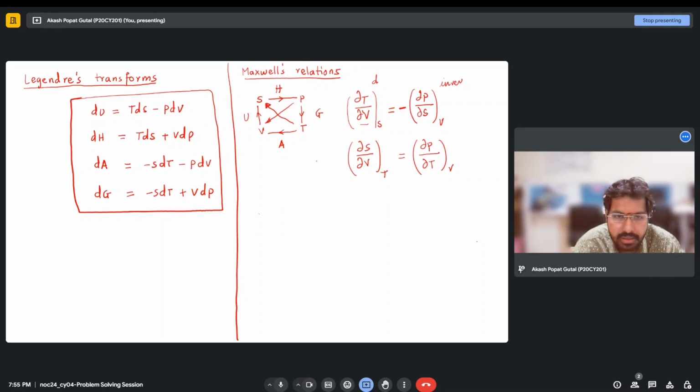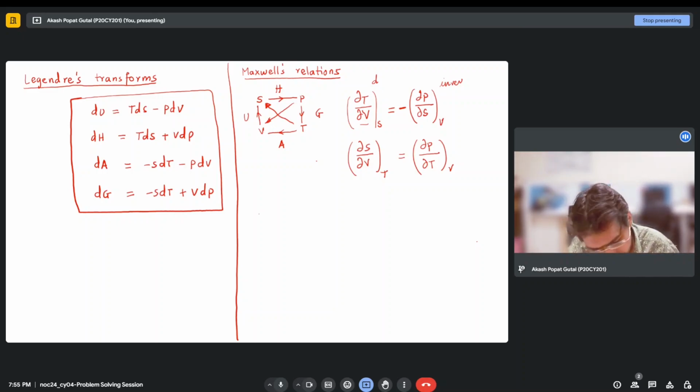S and V, entropy and volume. When you increase the volume, entropy will increase. When we decrease the volume, entropy will decrease. So both are directly proportional, so no negative sign.